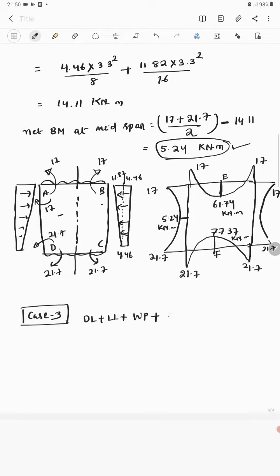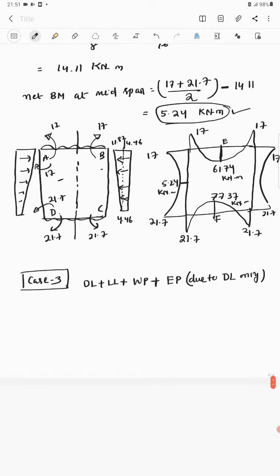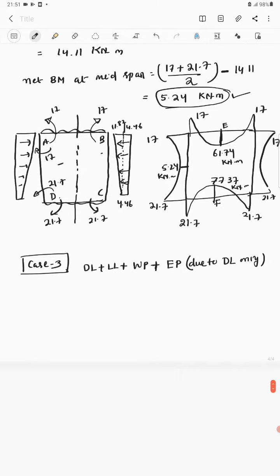That may be a case. So you can say this earth pressure due to dead load only. We won't consider the live load. Means when there is no movement of vehicle over this culvert, that may be a case.